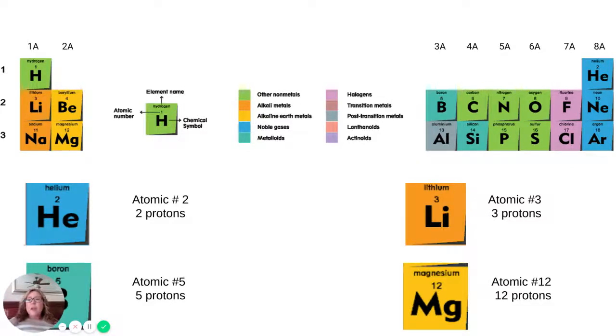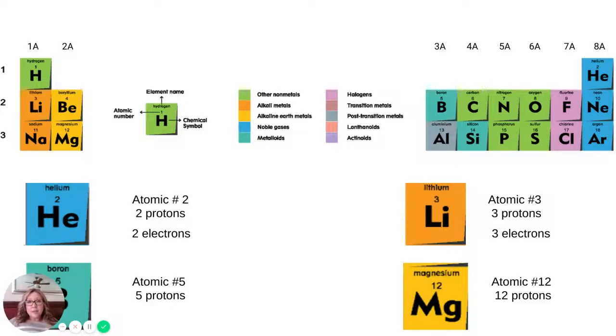So back up. For helium to have a positive charge of 2, in order to be electrically neutral, it must have 2 electrons. And it turns out it does. So helium has 2 protons and 2 electrons. And you were able to figure that out because you know that helium has an atomic number of 2. So lithium, if it has 3 protons with a positive charge, it must have 3 electrons with a negative 3 charge. So the positive 3 and the negative 3 cancel each other out.